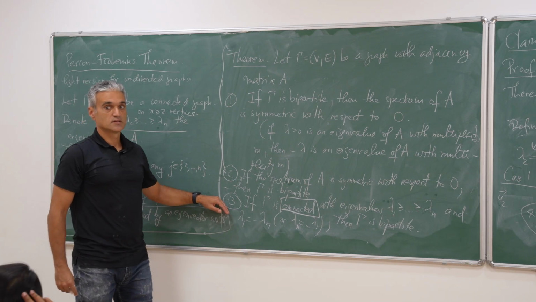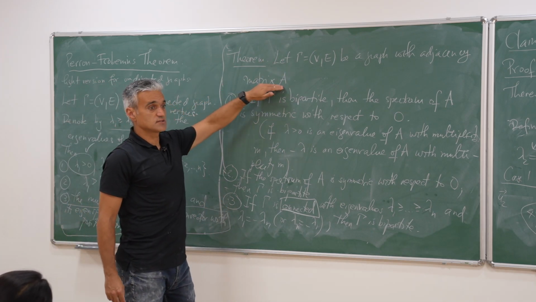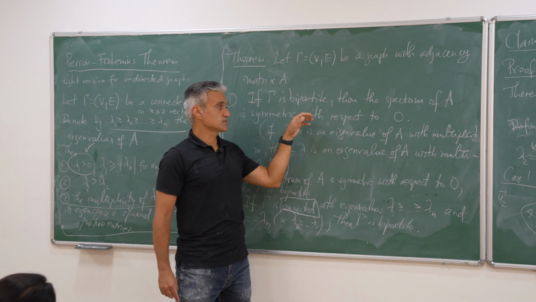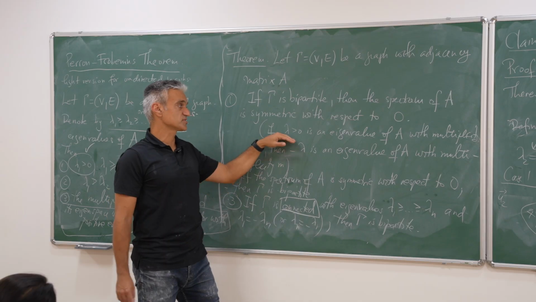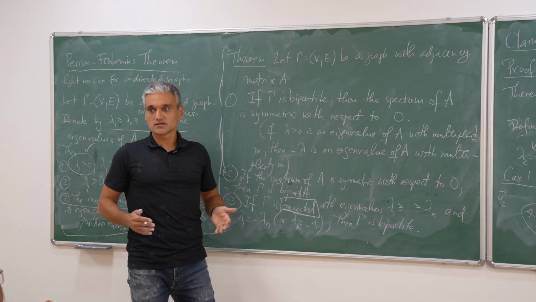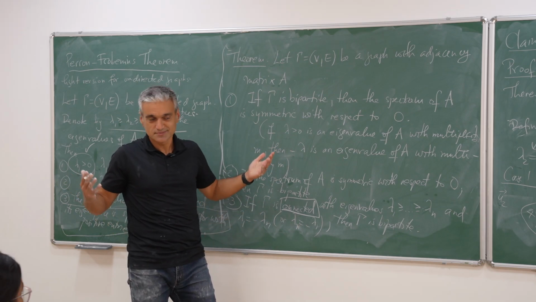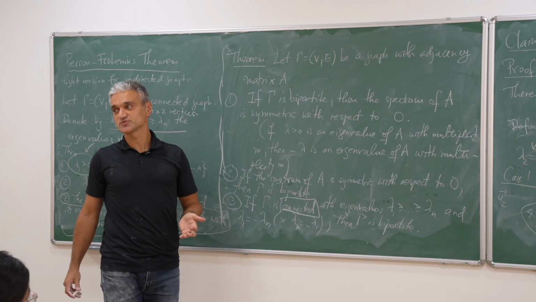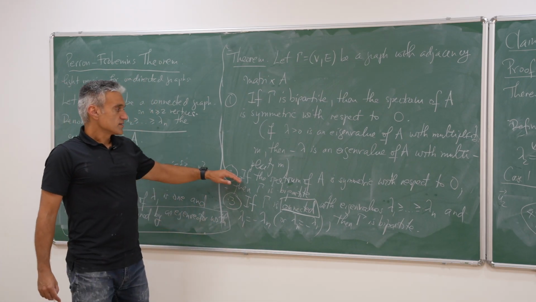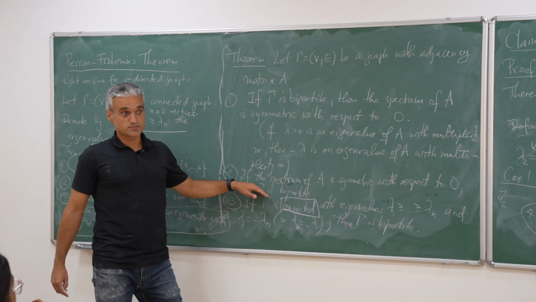It's correct. So again, let me recap. You have a graph, gamma, with adjacency matrix A. If the graph is bipartite, then the spectrum of A is symmetric with respect to 0. What you see on the positive side, you're going to see on the negative side with exactly the same multiplicity. Obviously, the negative of 0 is 0. That doesn't mean that the multiplicity of 0 has to be even. It can be any number. Now, conversely, if the spectrum is symmetric with respect to 0, then the graph is bipartite.